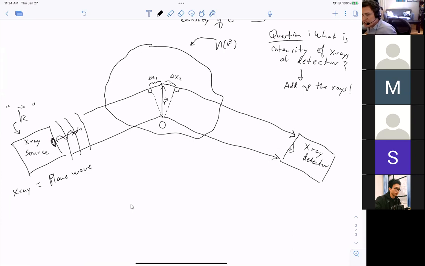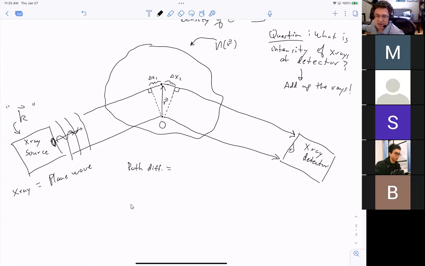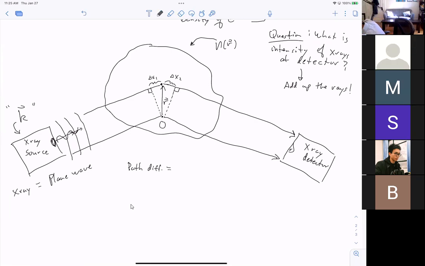And so what I want you to see is that the path difference of the 2 rays is equal to, well, can someone tell me what is the path difference between those 2 rays as they hit the detector? Delta x1 plus delta x2. Yeah, exactly. Delta x1 plus delta x2.